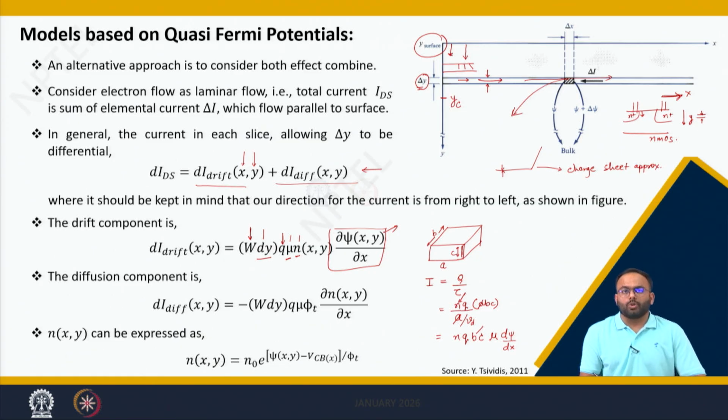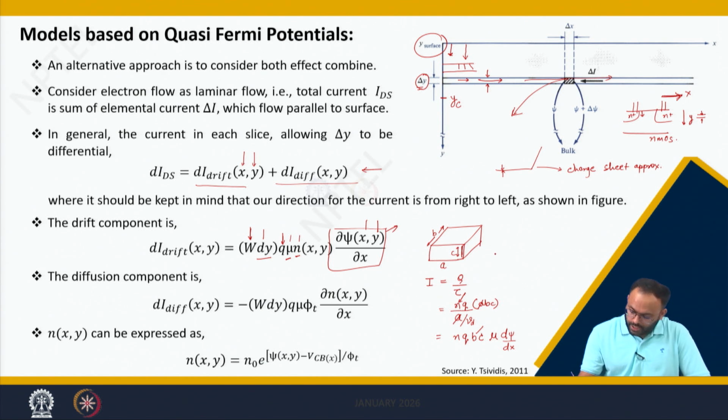Interestingly, as the electrons are moving in the x direction as well as the y direction, the potential is a function of x and y both. But we are actually calculating the electric field in the x direction, which causes a laminar flow from source to drain.